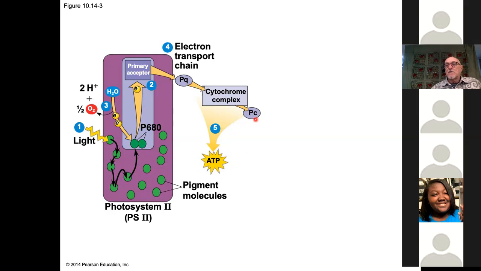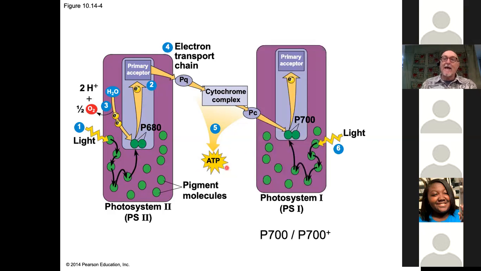That electron story is not finished yet, because we have another light gathering system. It's called photosystem 1, and it has another chlorophyll molecule. In this case, it's called P700. Again, it has its favored wavelength of light. P700 works exactly the same way.